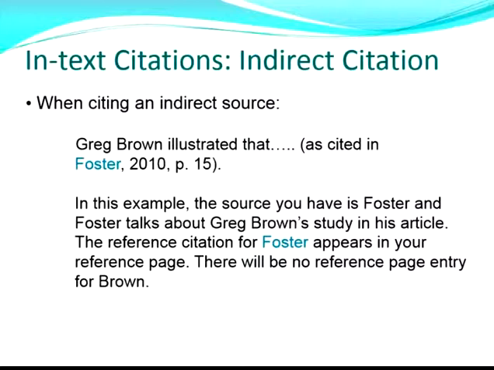So we say, as cited in Foster, 2010, p. 15. Okay, so you're showing them exactly where to find that information. And the way that we're showing that we're talking about what Brown said in Foster is including the words as cited in. So as cited in Foster, 2010, and then your page number.